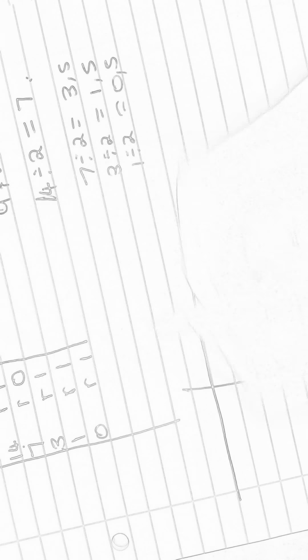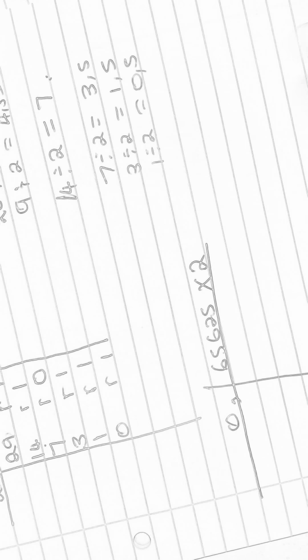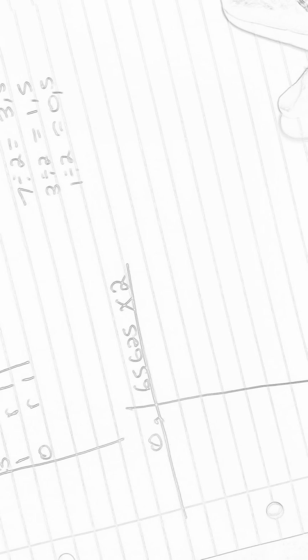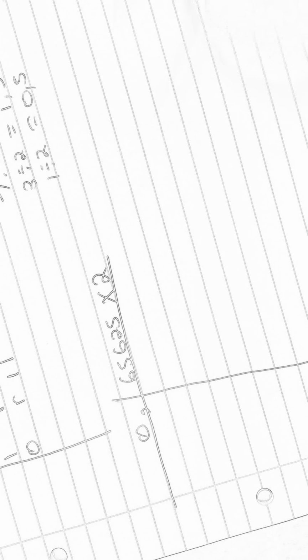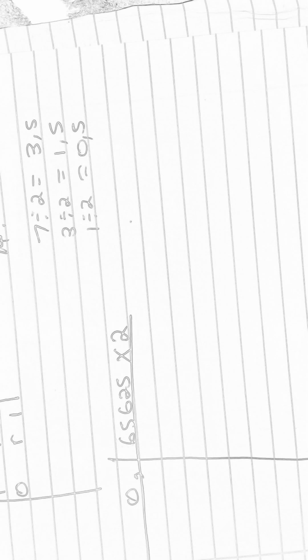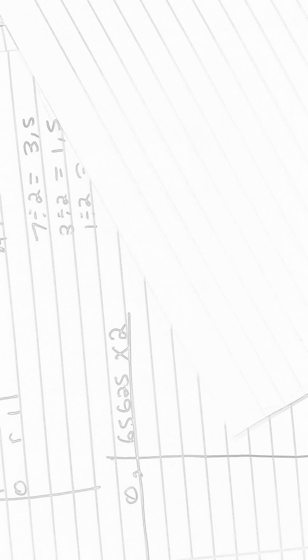It's going to be 0.65625 times 2. On this one we will be multiplying by 2. Let me take a rough paper on this one because it's very long.